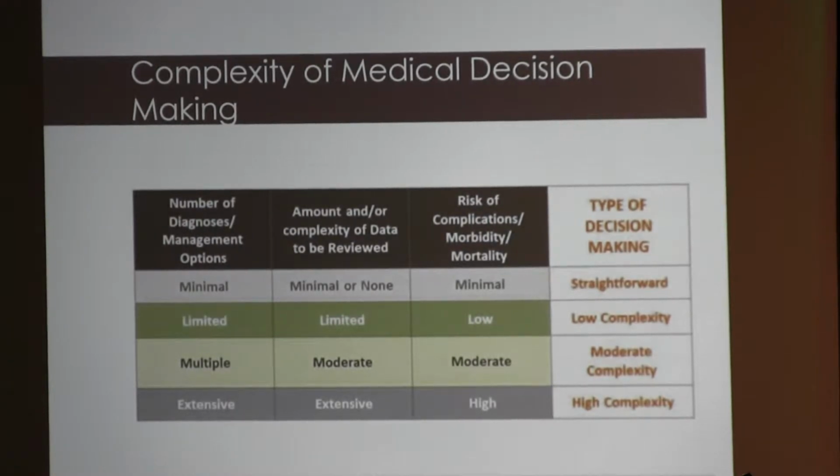I've seen a lot of EMRs now, they have, if you put in a specific ICD code, it will auto-populate into your plan and your assessment that certain things were discussed, the risks, the benefits of a certain intervention, medications with pluses and minuses for like what the benefits are and what the side effects are. So risk of complications, the amount of data that you review, and the number of diagnoses that you put into the diagnosis.